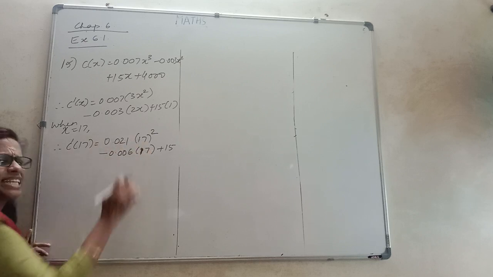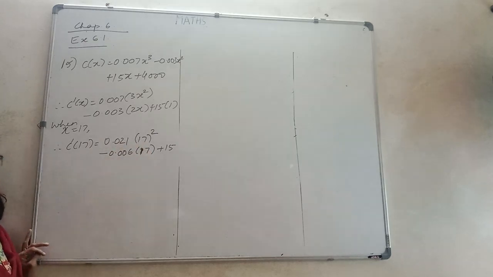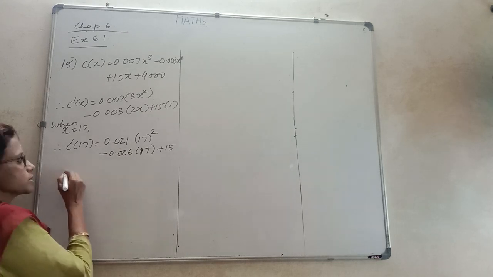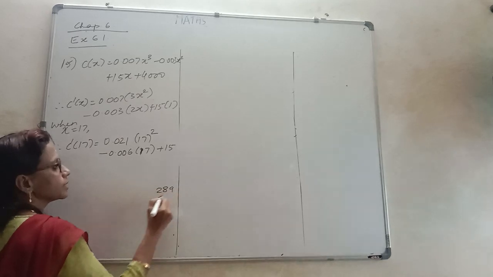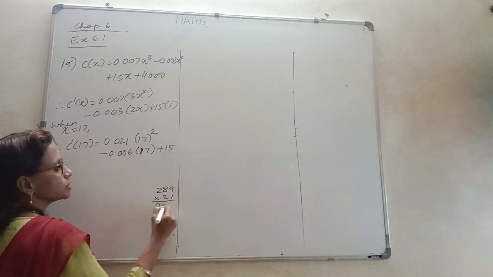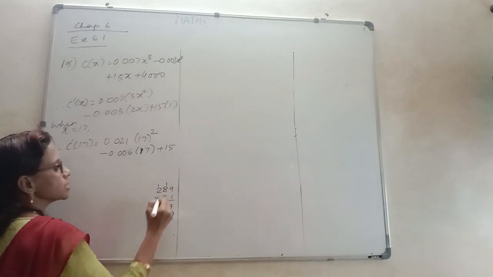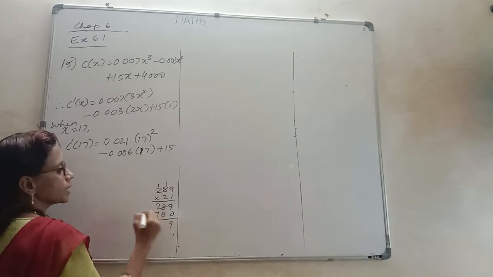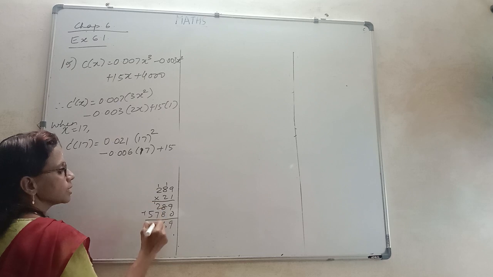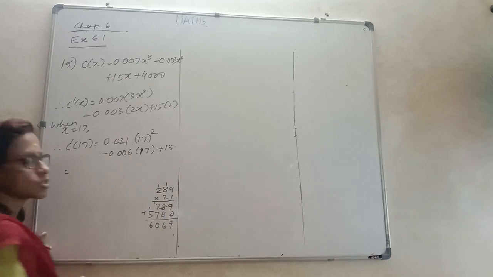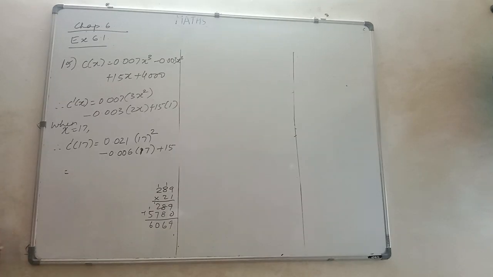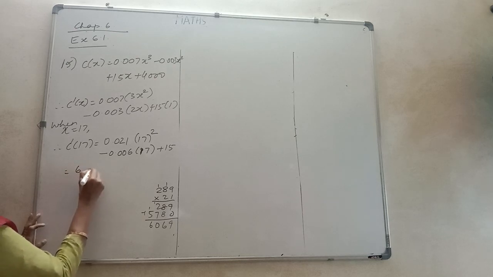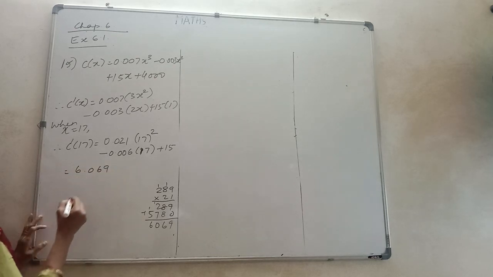This is 17 squared, we all know it's 289. So 289 into 21. Let's check what comes. 289 into 21 gives 6069, with all the decimal places. There are 3 decimal places, so 6.069.